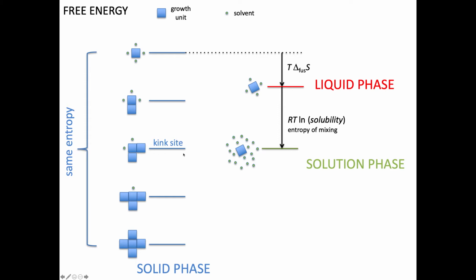And the reason why that's so important is because maybe 99% of the crystal grows via kink sites, and consequently the chemical potential of the crystal is, to all intents and purposes, the free energy at the kink site. And when we're at equilibrium, the free energy of the solution phase must be equal to the free energy of the kink site. So this energy level and this energy level at equilibrium should be at the same height.